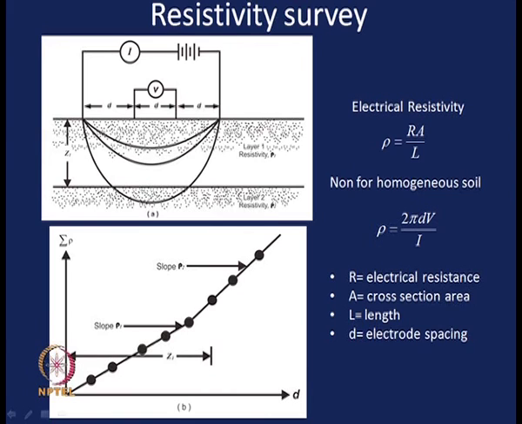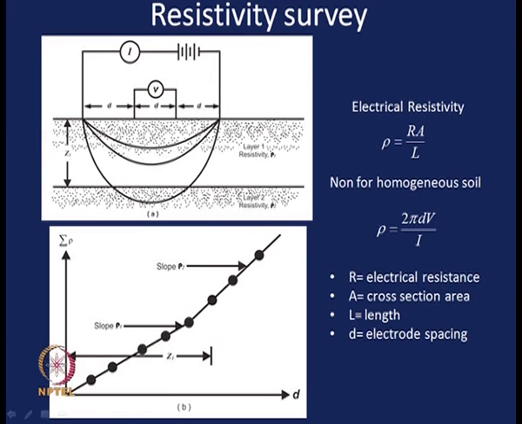So, if this is the first layer whose resistivity is, say, rho 1, and this is the second layer whose resistivity is rho 2, then the D value corresponding to the point where the slope changes gives the thickness of the first layer, and the slope of each straight portion gives the resistivity of each layer.